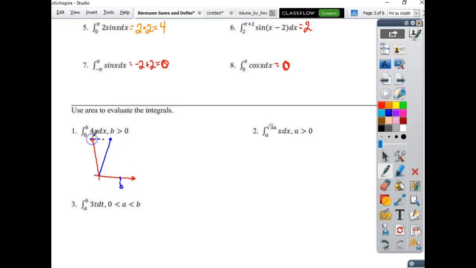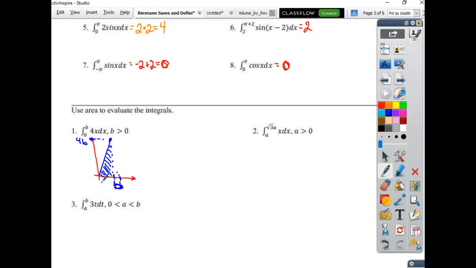And if that's b, then this point has to be 4b, because if I plug a b into that function, it's 4b. And I want to find the area of the region that is created here. Okay, b is clearly not that far over. Here's b. And if I look, what we're really looking at is the area between the curve and the x-axis, so it's that region I just shaded.